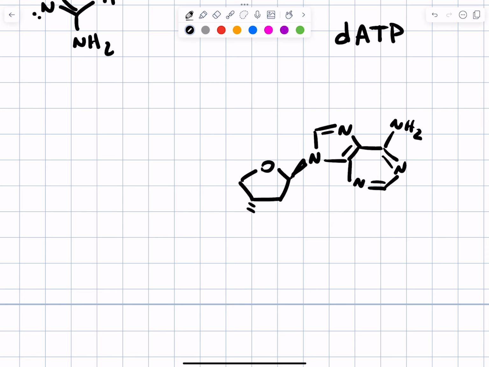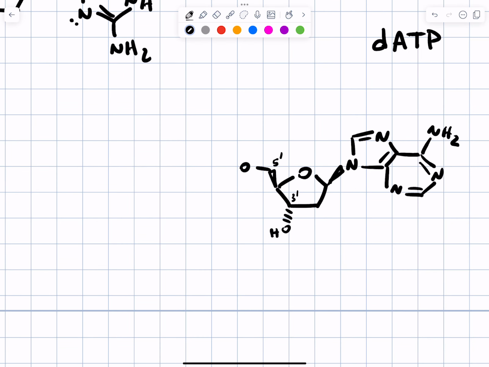Okay, that's the adenine base. This is 2' deoxyadenosine 5' triphosphate. So here's the 5' hydroxyl. There's the 3' hydroxyl. On carbon 2', there is no OH group.